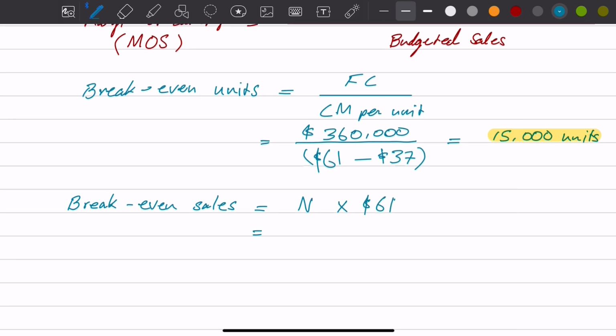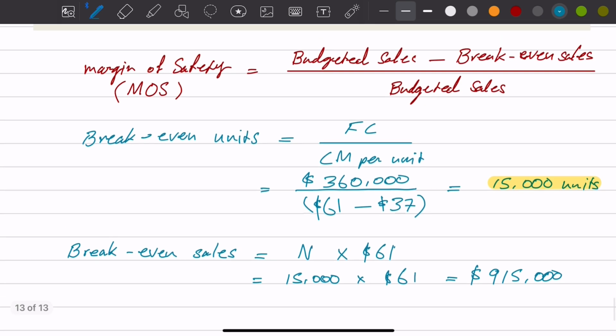So that equals 15,000 units multiplied by $61. Go back to your calculator. 15,000 multiplied by 61, that's 915,000. Okay, now we know the break-even sales, this part of our formula.